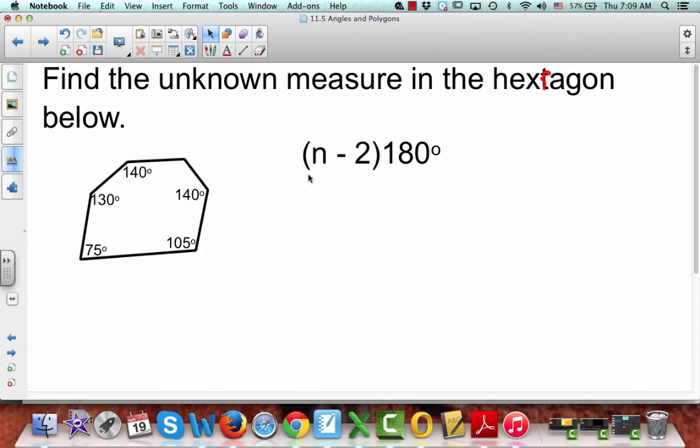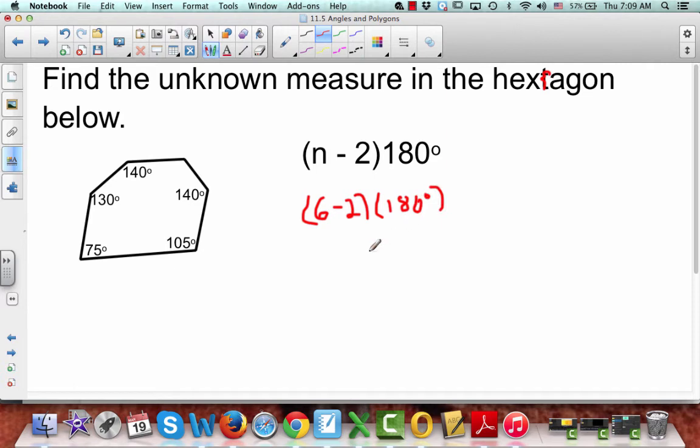All right, so how many sides does a hexagon have? 1, 2, 3, 4, 5, 6. Of course, you'll have that memorized and won't have to count them. It'll be 6 minus 2 times 180 degrees, which gives us 4 times 180 degrees, or 720 degrees.